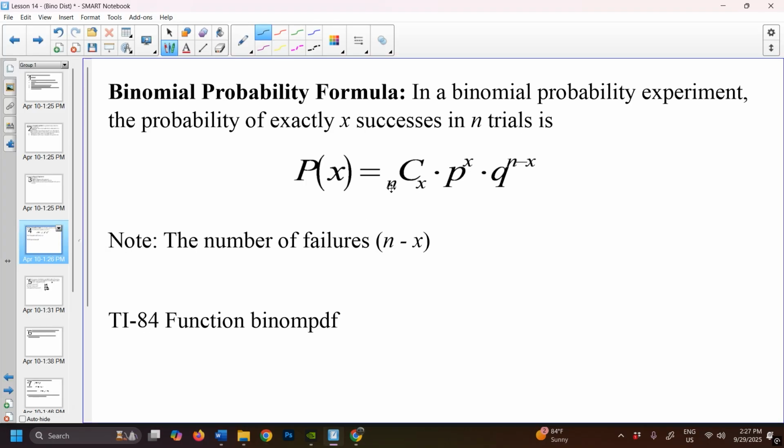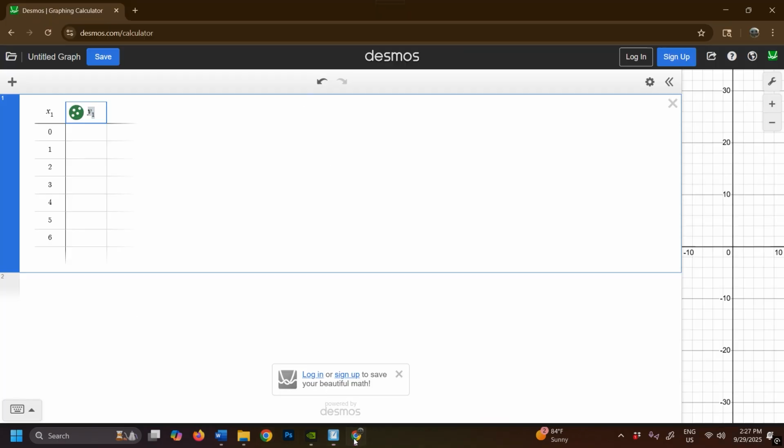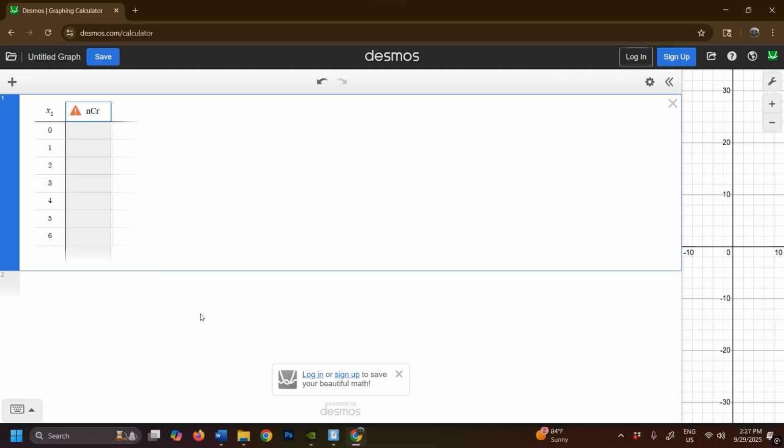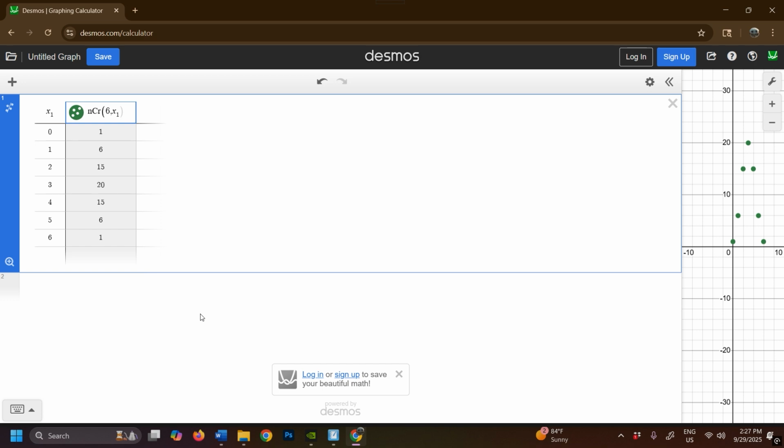So nCr, and in Desmos you type a lowercase n, a capital C, and then a lowercase r, and then it's going to be n comma r. So in this case, since 6 chips are chosen each time, and then we want to go x1. Now that's just the nCr bit, so I'm going to close this.